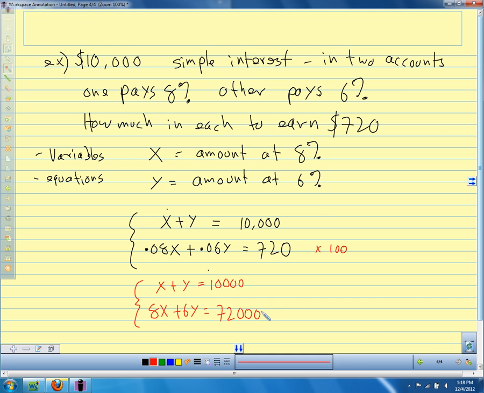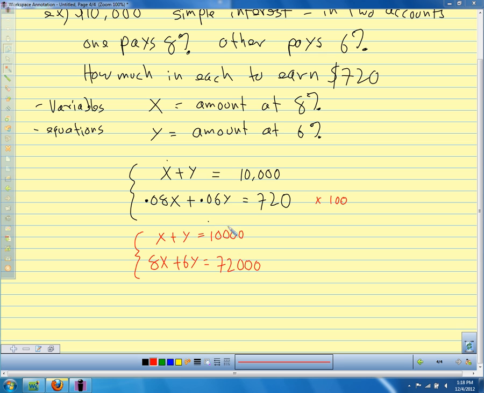Now what do we want to do to this system to solve this? Times -8. Okay, works for me. So we're multiplying the top by -8. Then my new system becomes -8x minus 8y equals minus 80,000. And on the bottom I have 8x plus 6y equals 72,000.